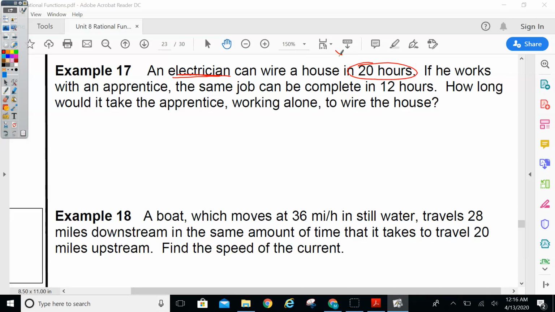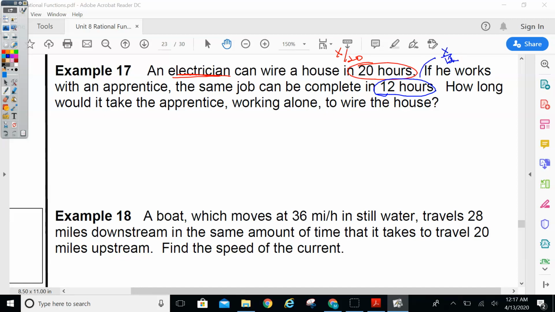So we know that's x over 20. But then it says together, the electrician and the apprentice together can complete it in 12 hours. This is x over 12. And then it wants to know how long it takes the apprentice by themselves.